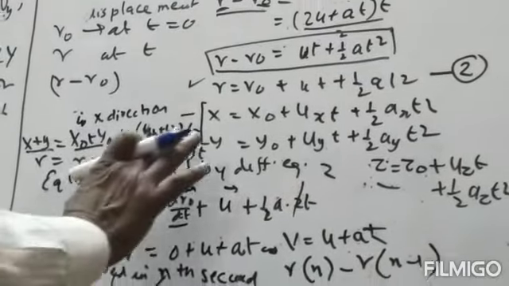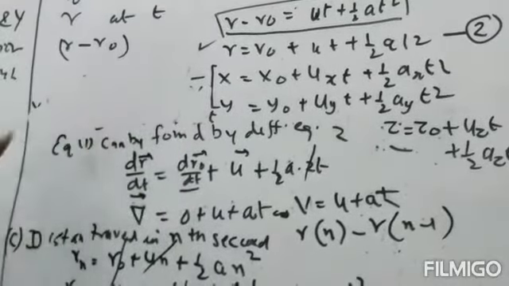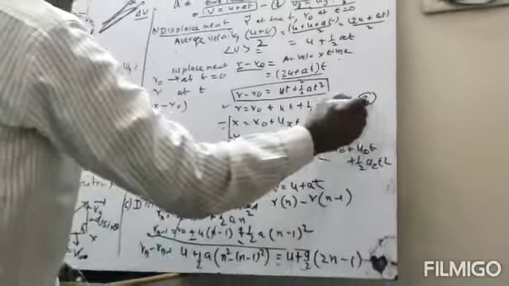Now we can find relation number 1 from relation number 2.